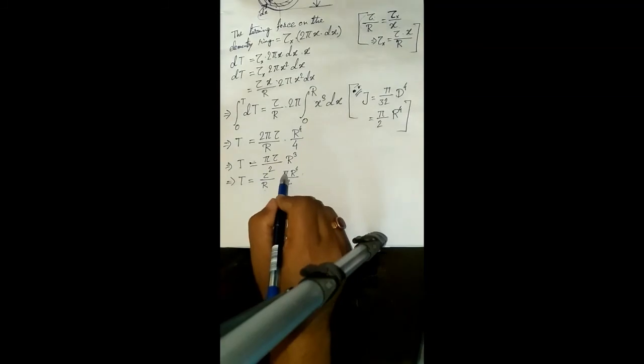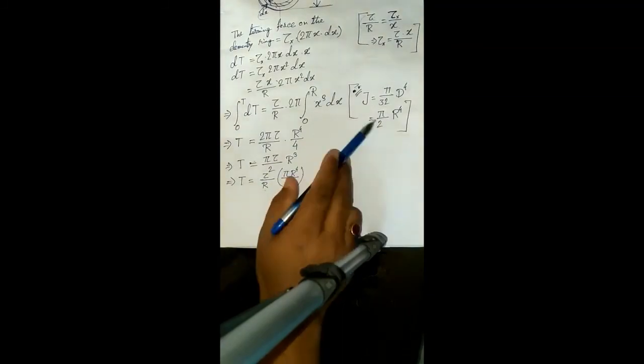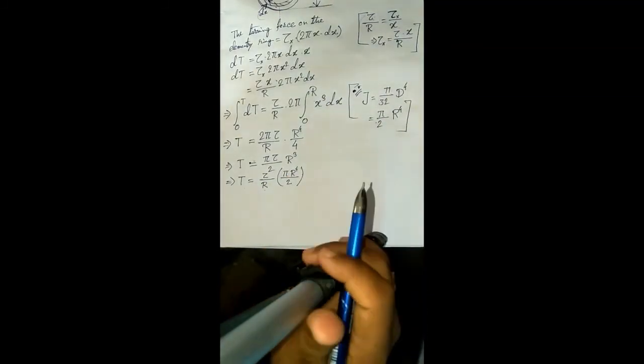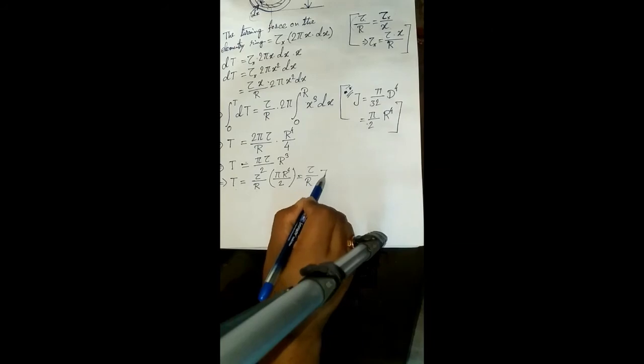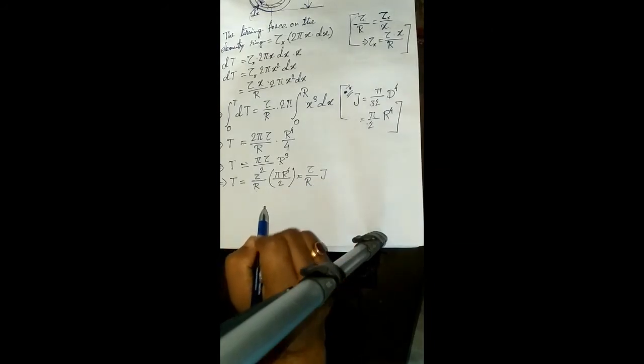This becomes the J, the polar moment of inertia, so that becomes tau by R into J.